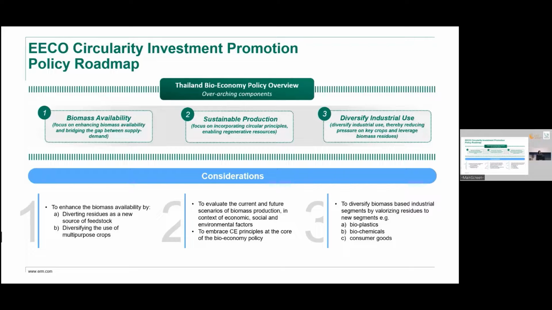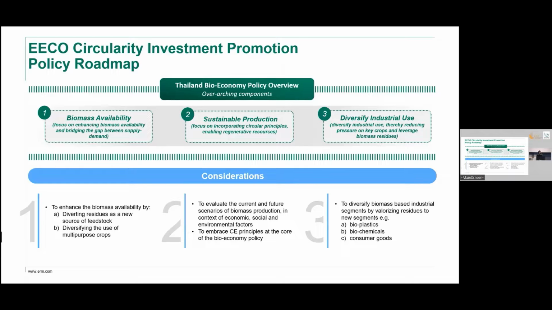There are 3 overarching components of this new policy that we are proposing. The first is focused around promoting biomass availability. Biomass exists, but it doesn't come to the manufacturers at the right time. So enhancing biomass availability by bridging the gap between supply and demand, by connecting the producer to the manufacturers, would be the first component of this new policy.